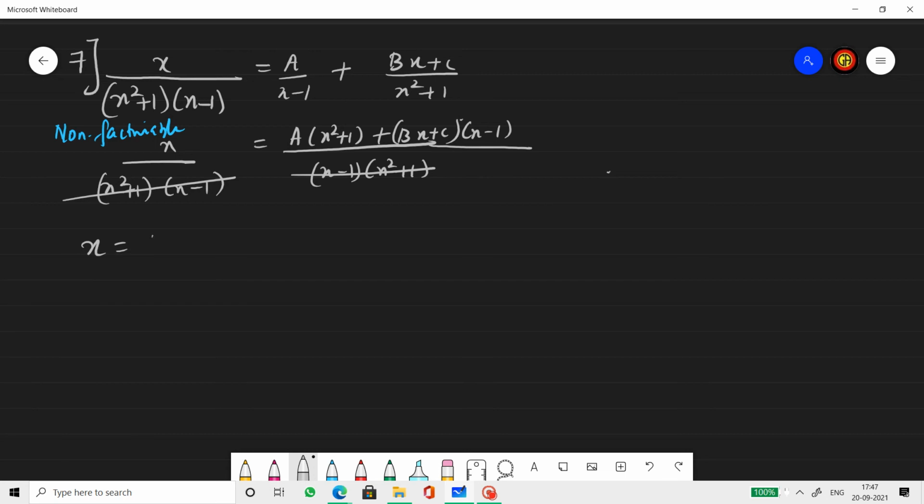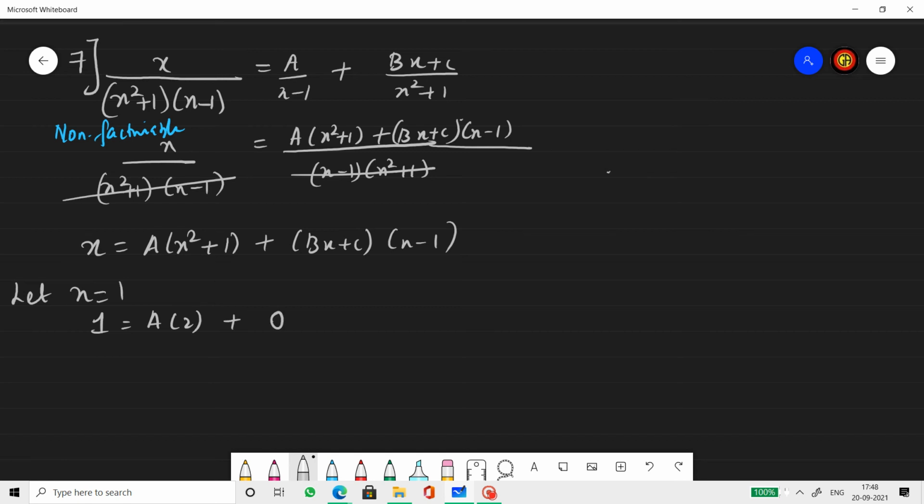So x is equal to a times (x square plus 1) plus (bx plus c) into (x minus 1). The only available factor here is x minus 1, which gives x equals 1. So I'm going to use that first. So let x equal to 1. So you get 1 is equal to a into 2 plus 0. So a value is 1 by 2.